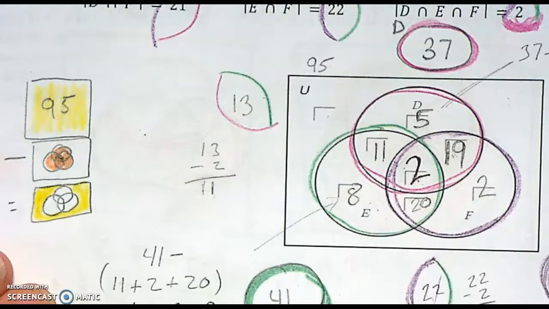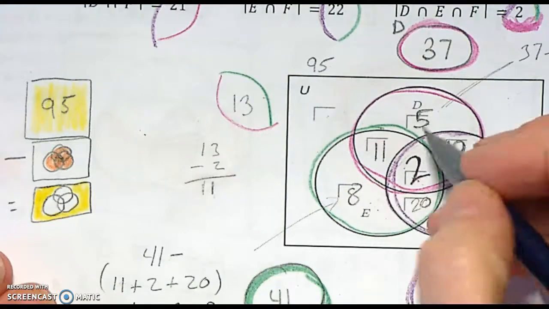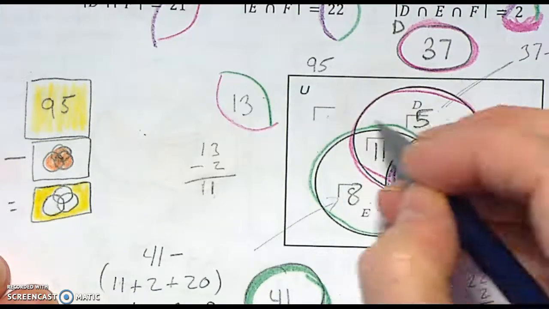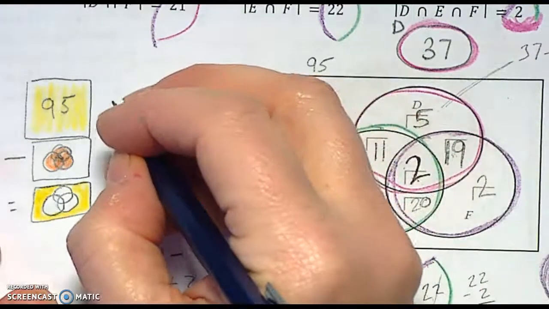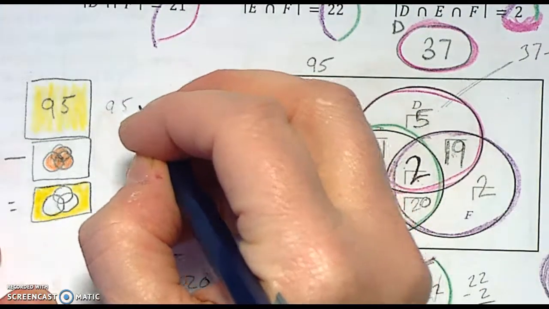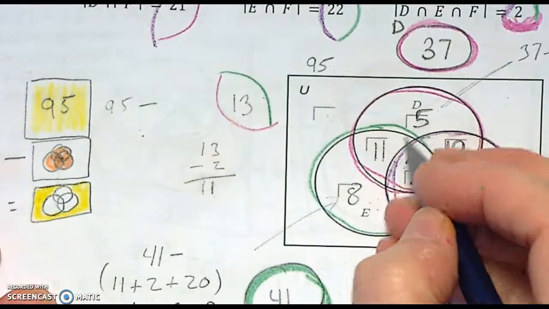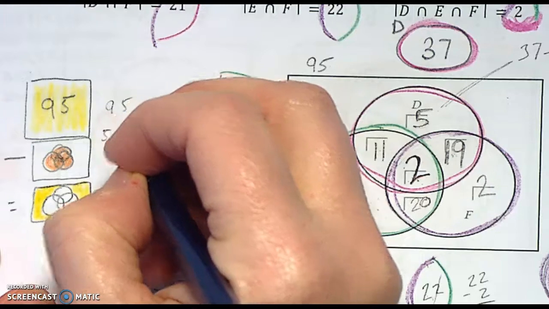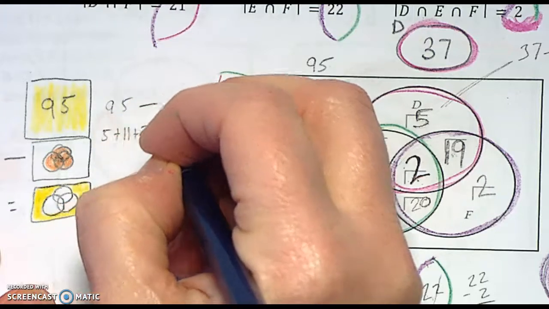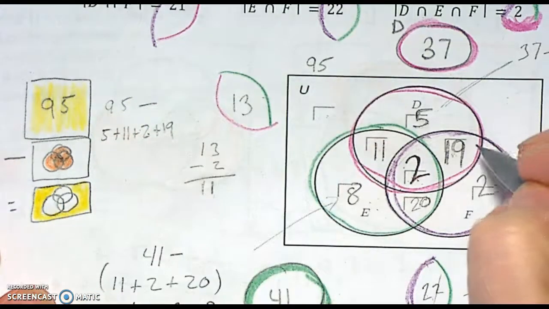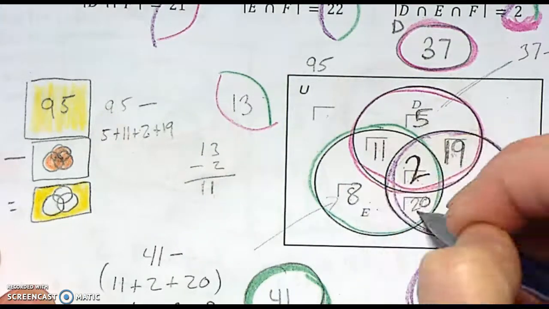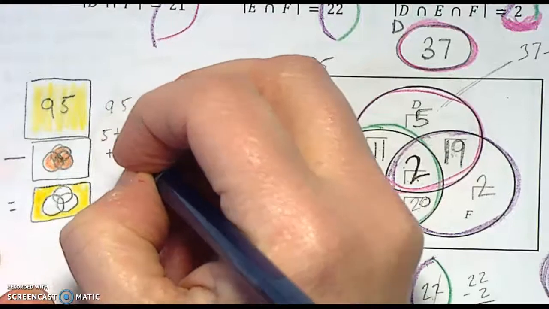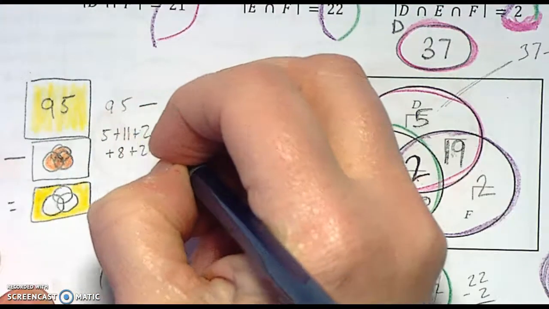So let's make sure that we get all of those guys. I like to just go left to right, top to bottom, like we do when we're reading. So we've got 95 minus 5 plus 11 plus 2 plus 19, plus 8 plus 20 plus 2.